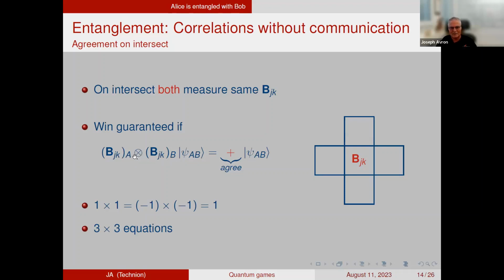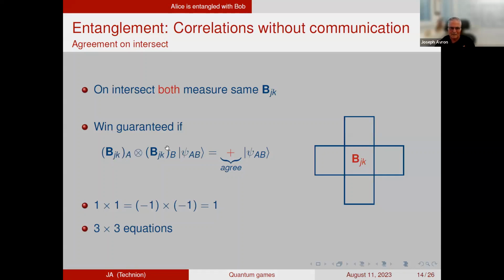If psi_AB is a solution of this eigenvalue equation with the same observable for Alice and Bob, and each observable is binary, I could get plus if both Alice and Bob get plus, or if both of them get minus.